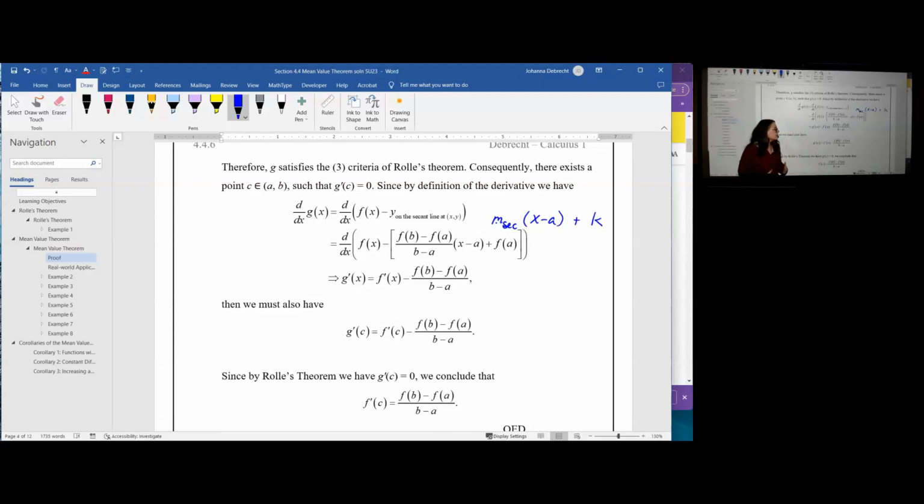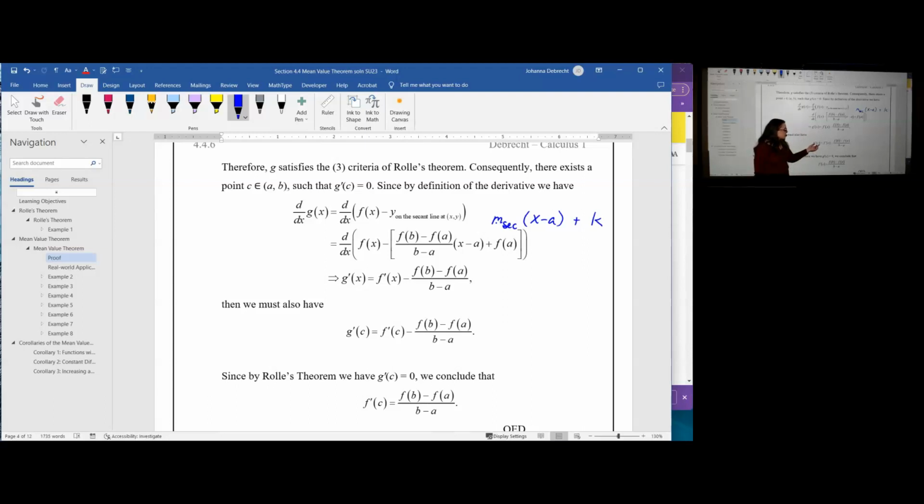When we take the derivative of it, the only variable is the x inside the parentheses. That means that when we're done, the derivative of this becomes simply the slope of the secant line, which is the difference quotient.